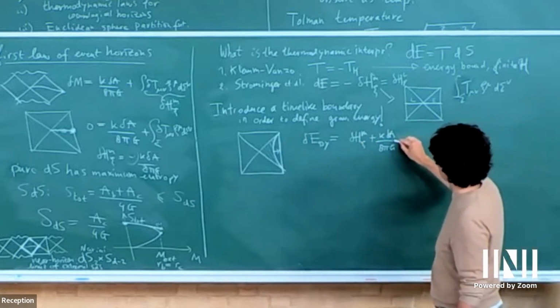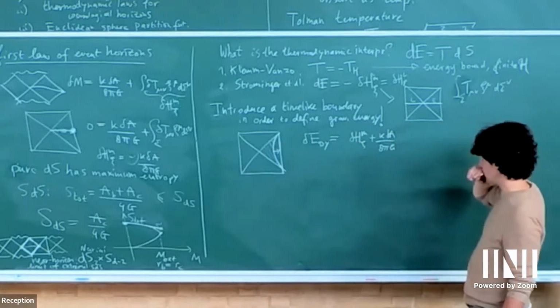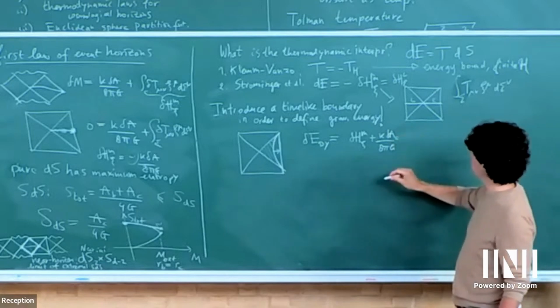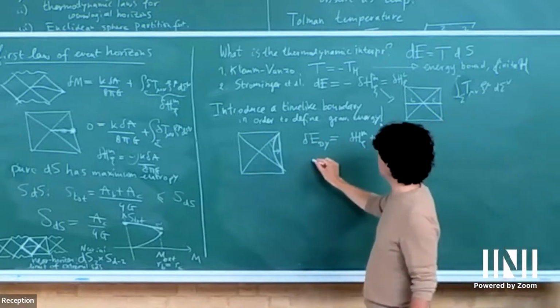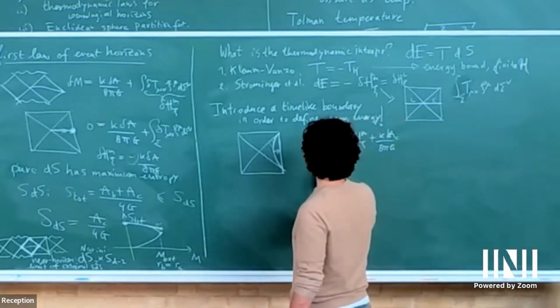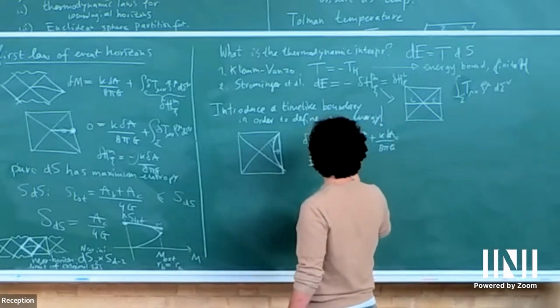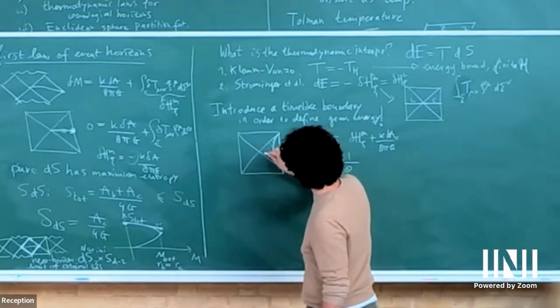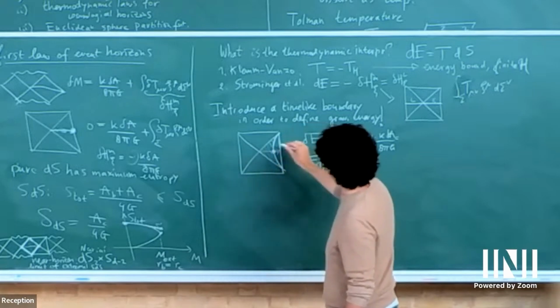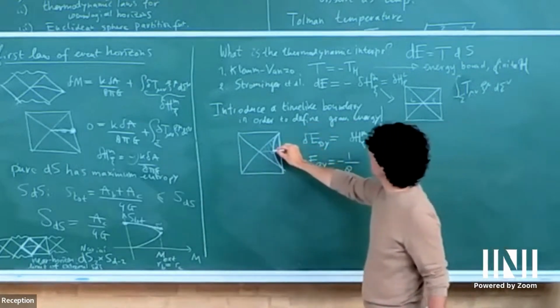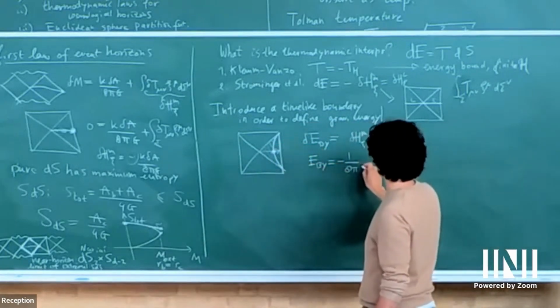So this is the area of the cosmological horizon. So what is this? This is the Brown-York energy, and it's associated to a D-2 sphere cross section of this boundary.